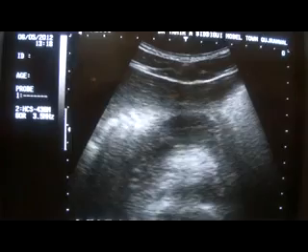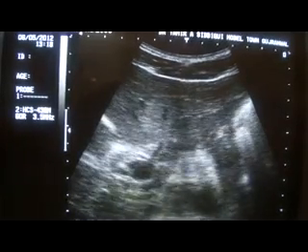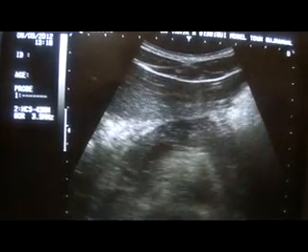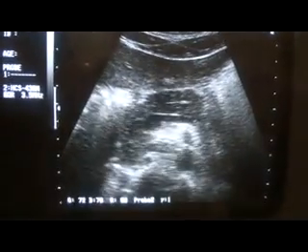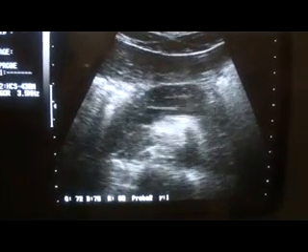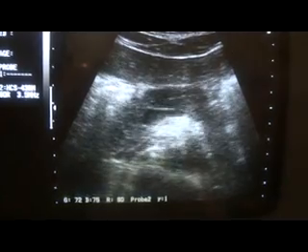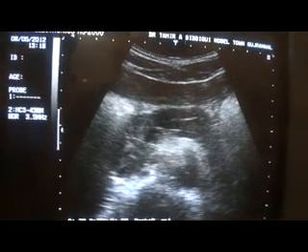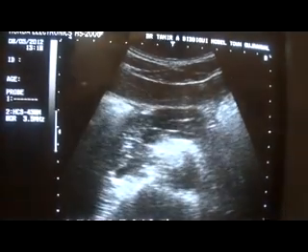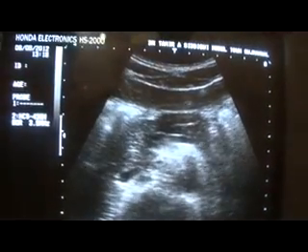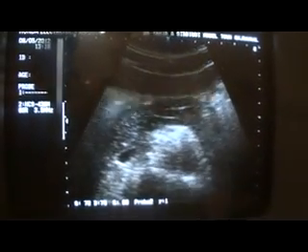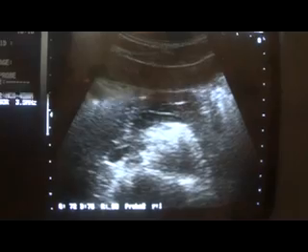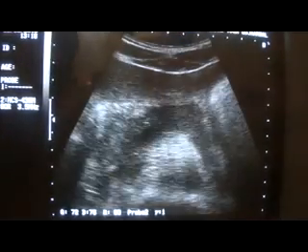Then place the probe again in the same region. Here, place the probe in the epigastric region, give it a 90-degree sweep, and you will see the aorta, pancreas, and the left lobe of the liver in transverse section with the portal vein.